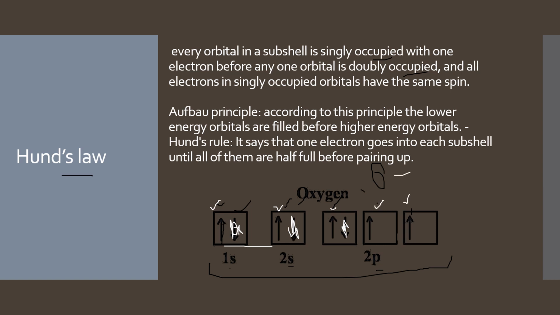Now 8 minus 5 is equal to 3. How many electrons are left? 3. So we put these 3 in anti-clockwise form. As I taught you in the previous topic, the electrons would always be clockwise and anti-clockwise, because of the repulsive or attractive force.